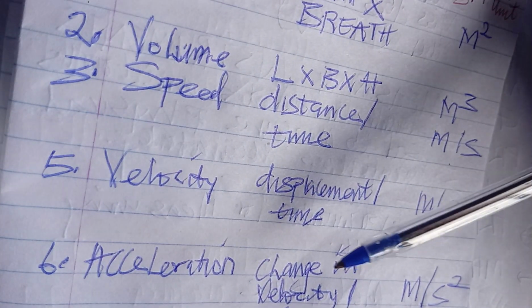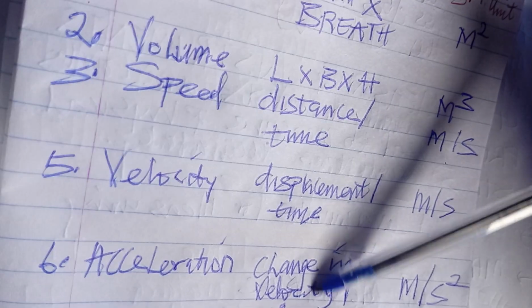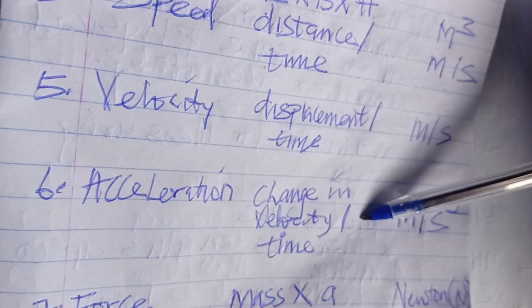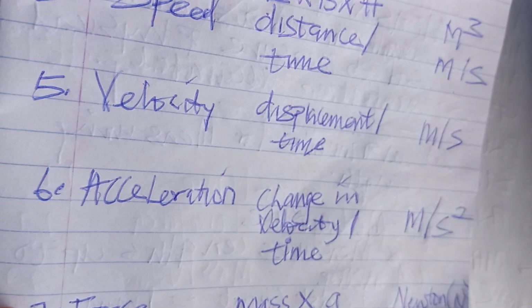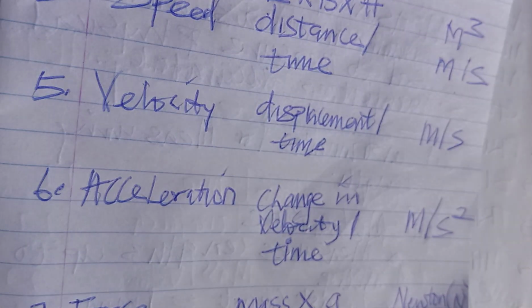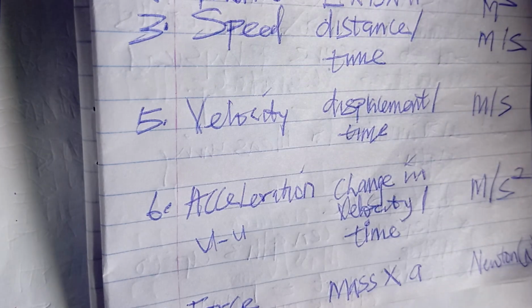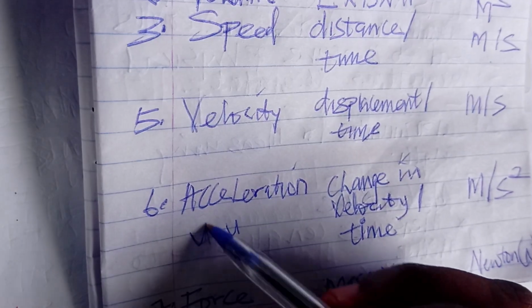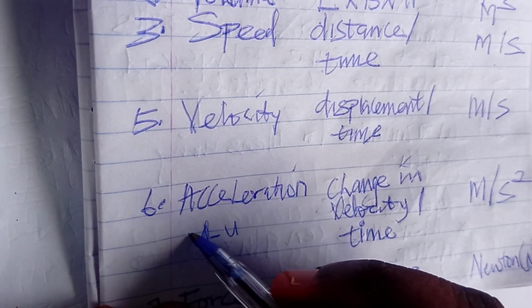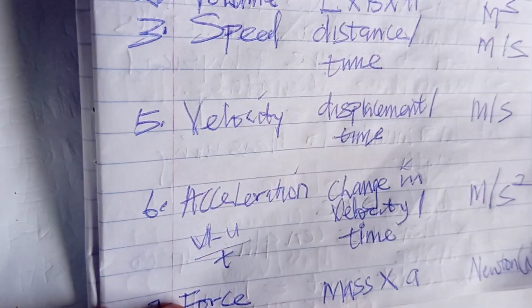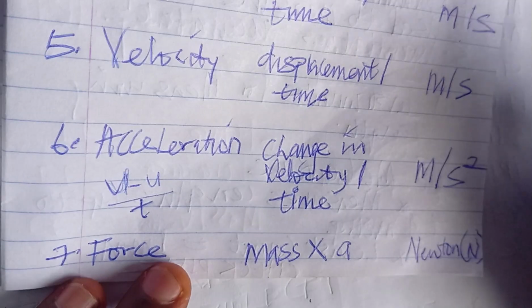We talk about acceleration. Acceleration is change in velocity over time. So when we mean change in velocity over time, you can just say final minus initial velocity, all over time. That is acceleration.